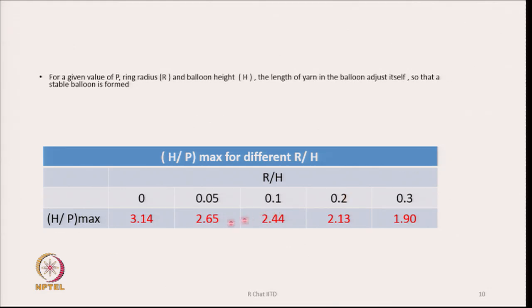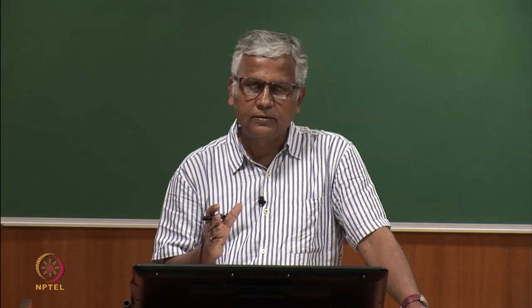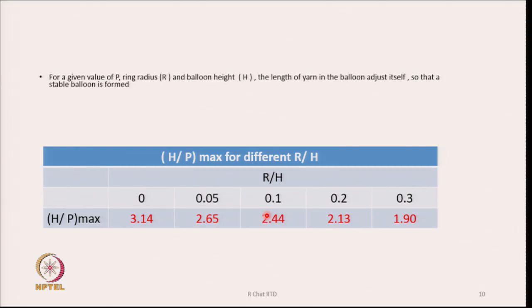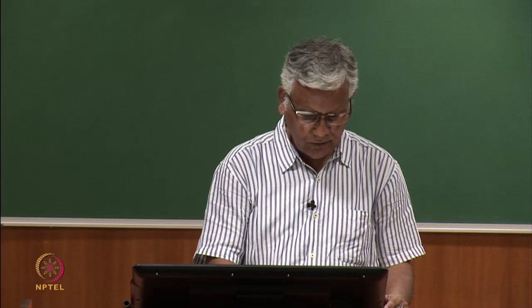These are the different values of h by p max, and these are threshold values that we should not cross. In fact, it is better if we keep the h by p value less than this, so that a stable balloon is formed and we can spin the yarn without formation of a node, that is, we can avoid balloon collapse.